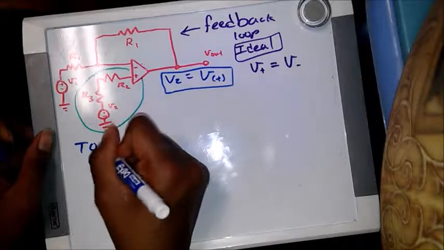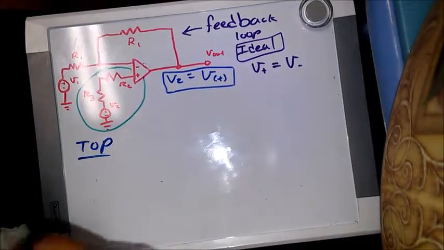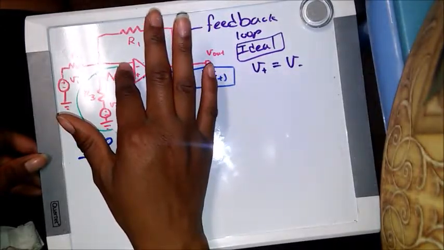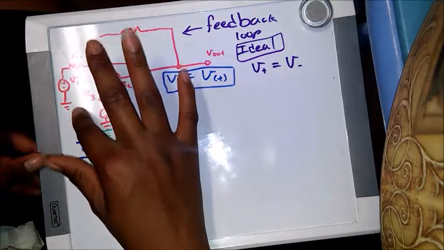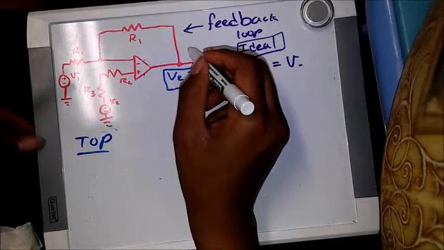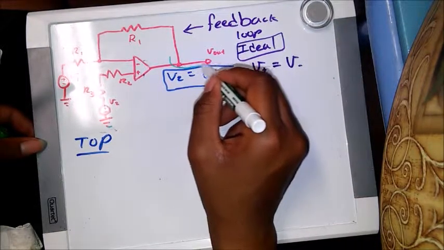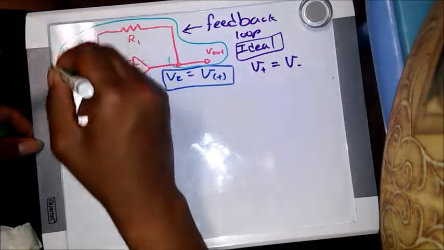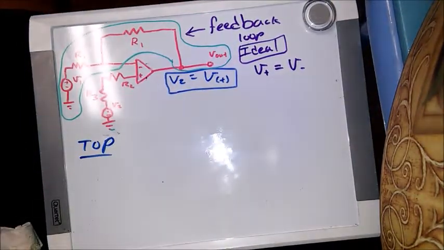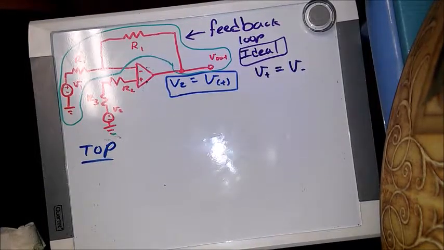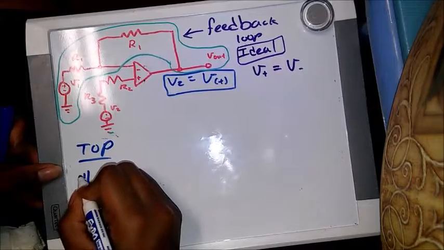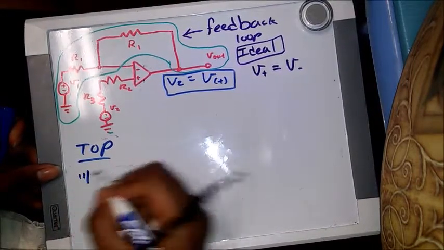So do it right here, top. The top half is going to be literally this giant chunk. It's not as complicated as it might look. So we're going to have ground. I'm starting from this side. You still see? Cool.